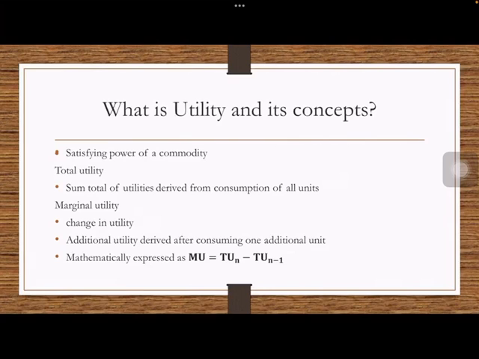But on the other hand, for whom a pen has no use, for them the pen does not have any utility. So we can say utility is the want-satisfying capacity of a commodity.